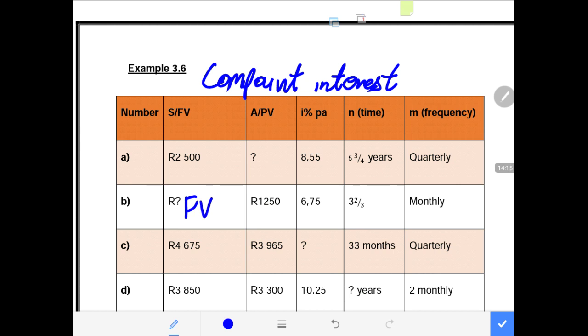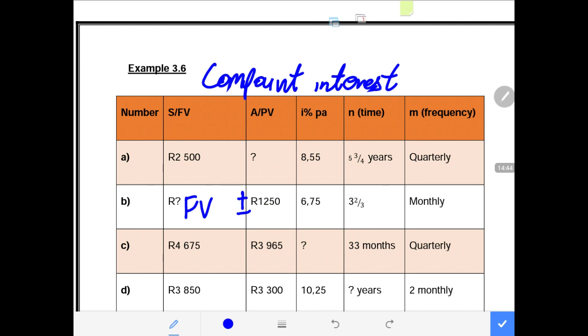So now if we're looking for the future value, then our present value, we must write it as negative, plus minus 1,250. Our interest is 6.67%, and our N is 3 and 2/3 years. And I want to highlight that is also in years. That is still not a problem writing years, and I don't know how I forgot to write years there.